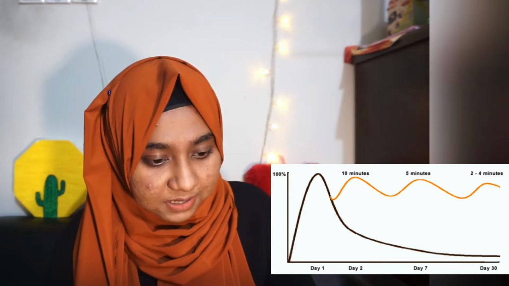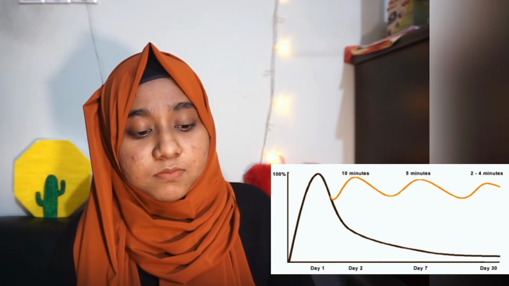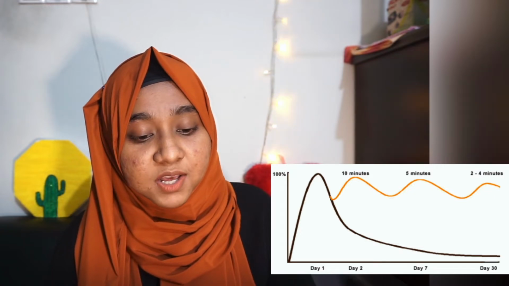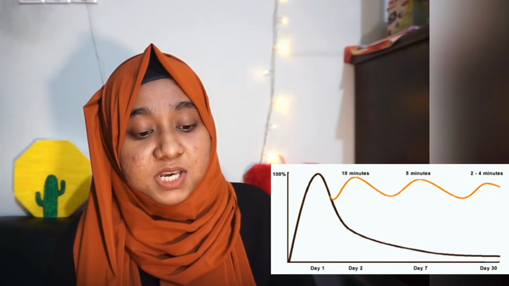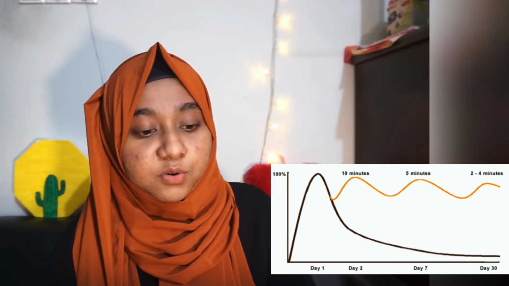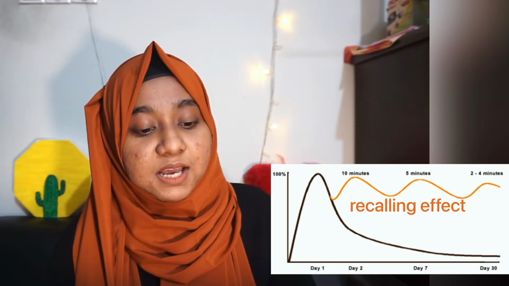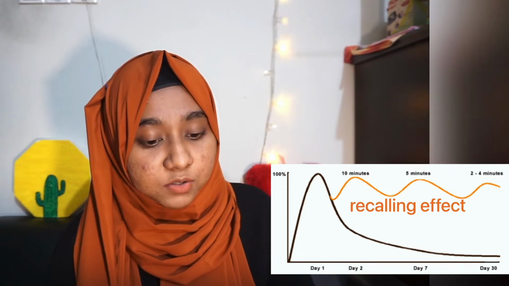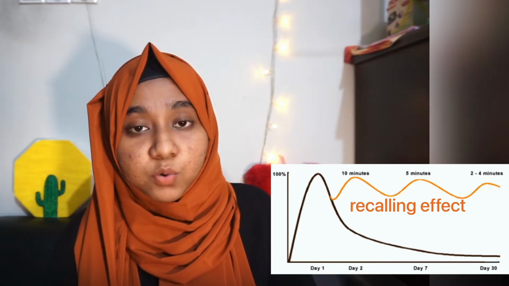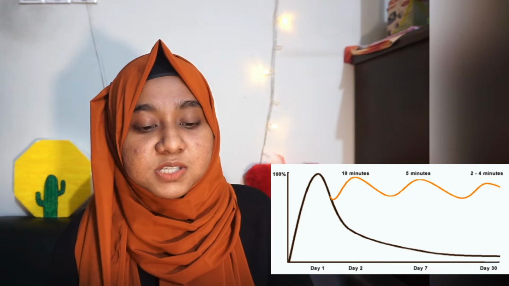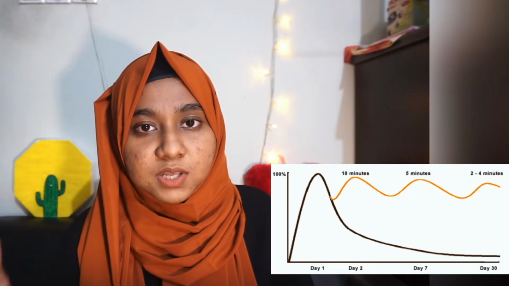We had been seeing the line just going down, but because of recalling it for a few minutes, this line changed, and it didn't go down but just went up and down. That means we are recalling it slowly and keeping about 70 to 80% of it remembered. So yes, this is how the curve of forgetting works.